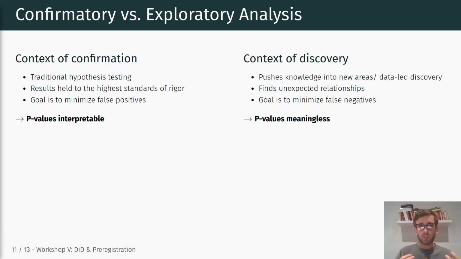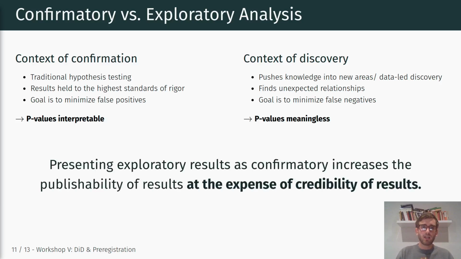And in the context of exploratory analysis, in the context of discovering new patterns, we're not trying to reject some null hypothesis in the context of some alternative theory, but we're just trying to find new patterns, right? And so in that sense, p-values are essentially useless, because the goal is not to reject a null hypothesis, right?